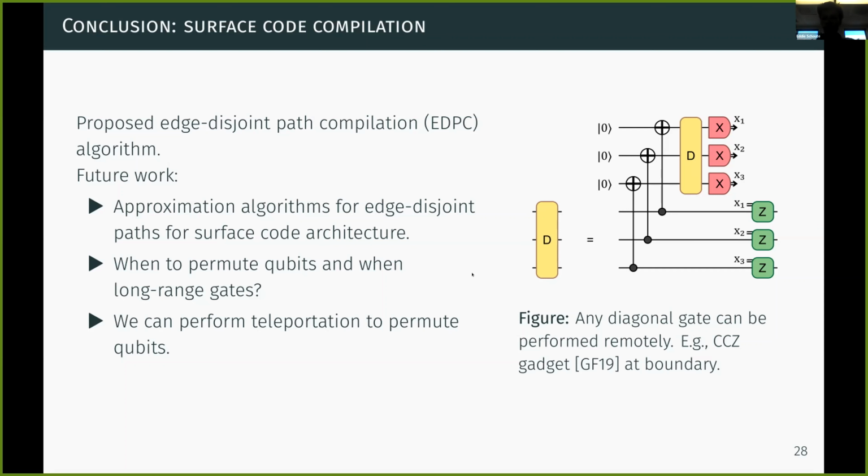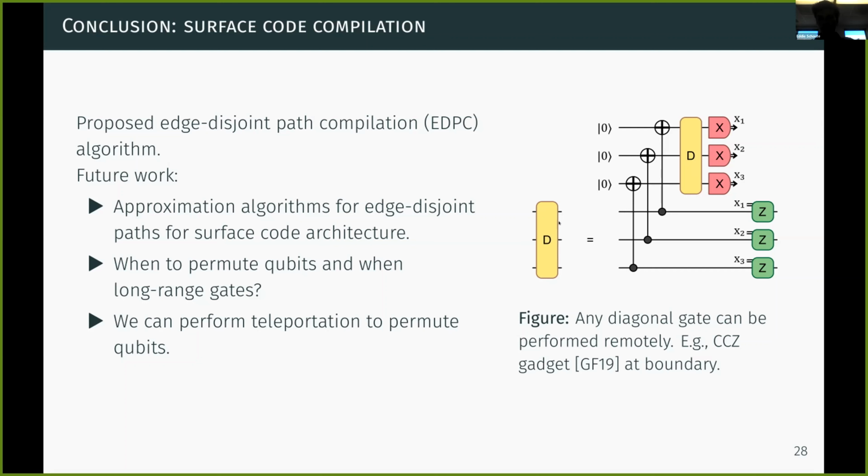And the final note that is kind of interesting is that if we have a diagonal gate D, then we can implement this diagonal gate D at the boundary through performing a bunch of long-range CNOT operations, implementing the diagonal gate D, and then teleporting this gate back into the logical qubits.